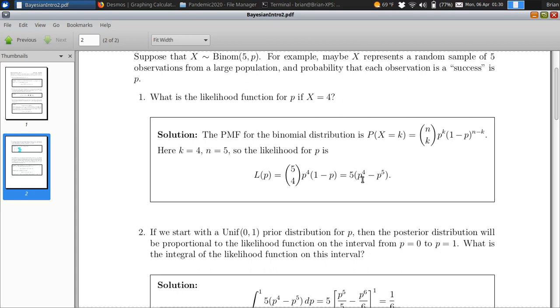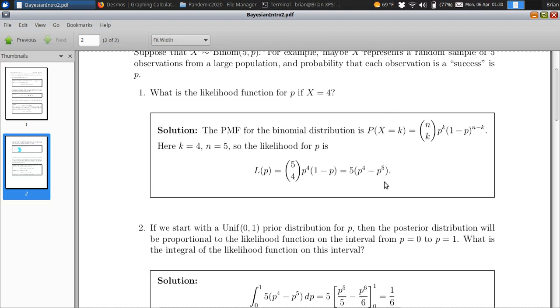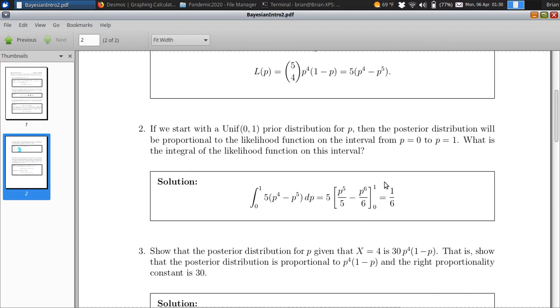It's 5 times a simple polynomial, p to the 4th minus p to the 5th. The next question is, if we start with a prior distribution where we're completely unsure what p was before we did our experiment, then you could model that by saying p could be anywhere between 0 and 1, all equally likely.